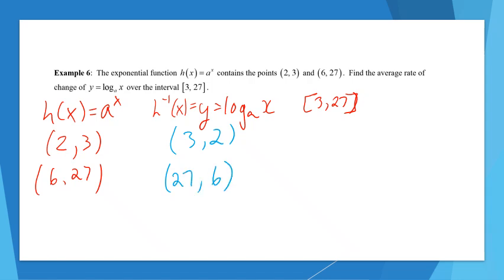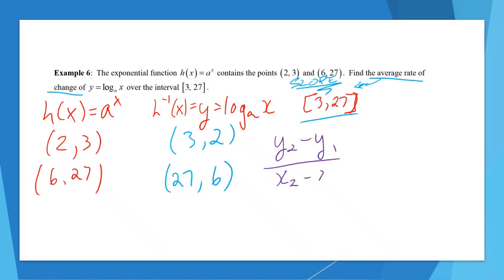Once we have this, we want to find the average rate of change on this interval, which is a fancy way of saying we want to find the slope between those 2 points. So let's plug it into our slope formula. Remember, our slope formula is y2 minus y1 over x2 minus x1 is equal to m.